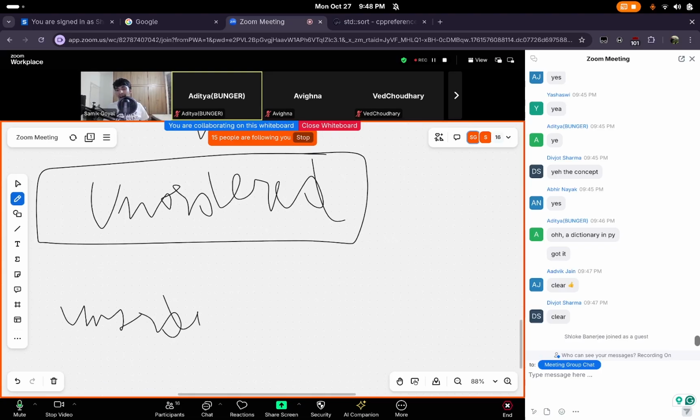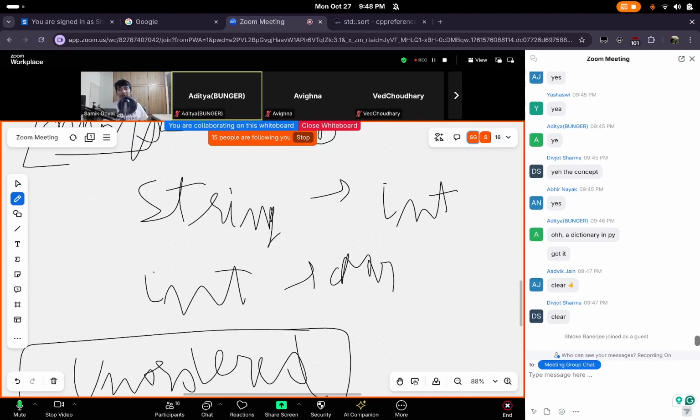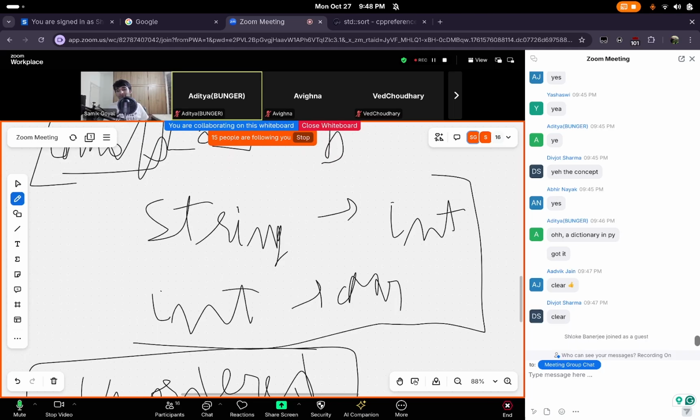Unordered maps are basically the same as normal maps, right? You can map strings to integers, integers to characters. You can map anything to anything. The difference, unordered maps are O of 1. They are constant time, because they use something called hashing. Do people have a sort of idea what hashing is?